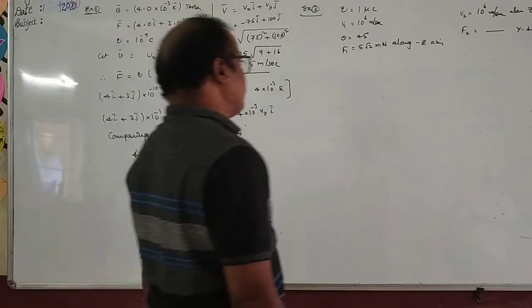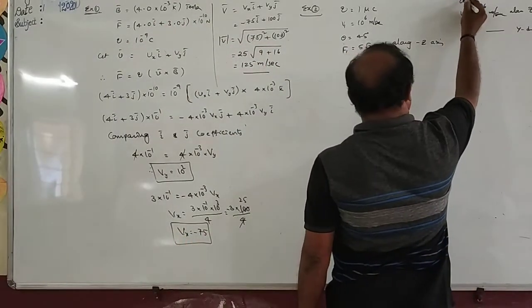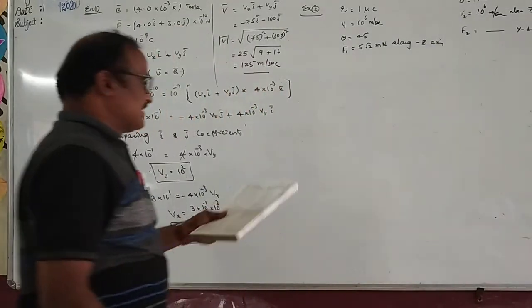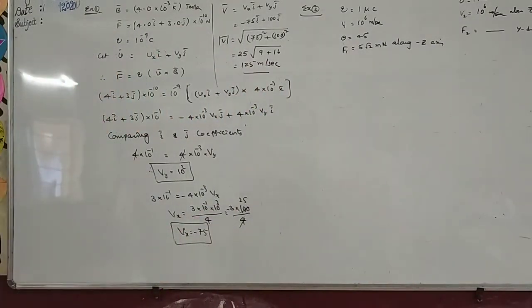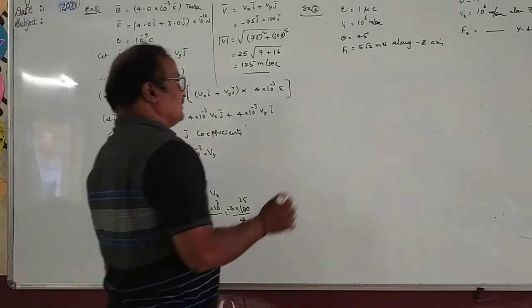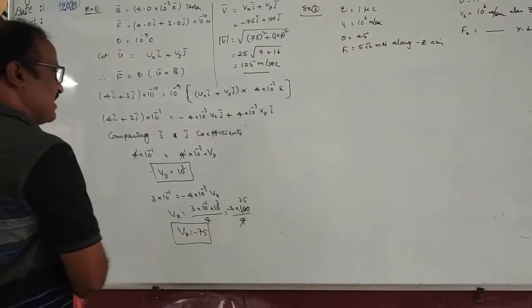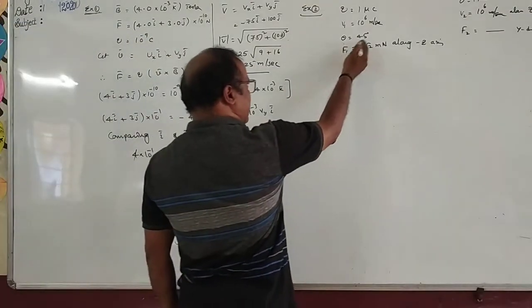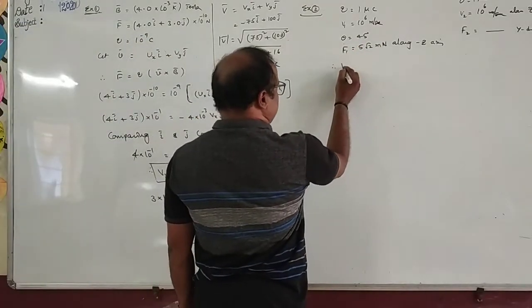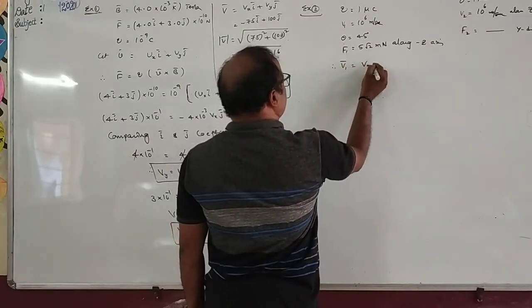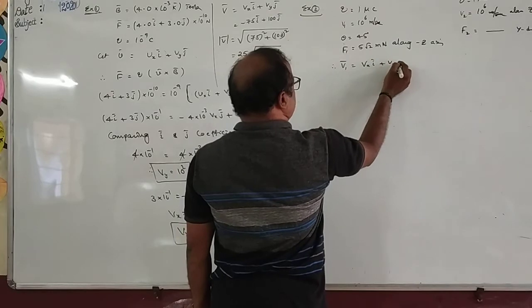Same charged particle, so the charge Q is also 1 microcoulomb in the second case. But in the first case, Q is equal to 1 microcoulomb and V1 is equal to 10 power 6 meter per second in the xy plane at an angle theta equal to 45 degrees. That's why its velocity can be written as V1 bar equal to Vx i bar plus Vy j bar.